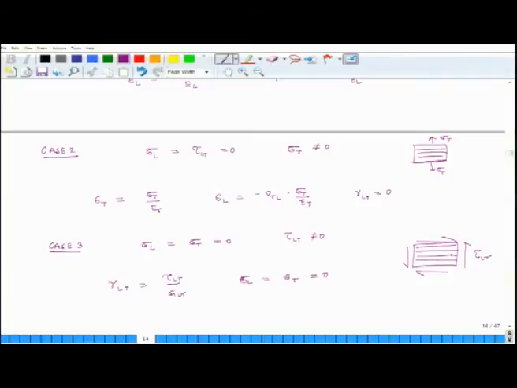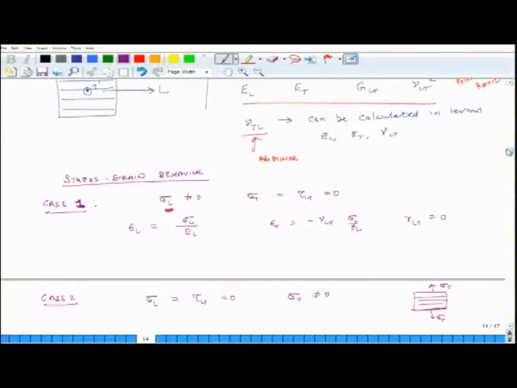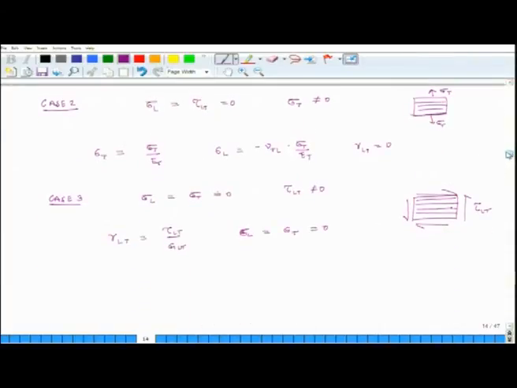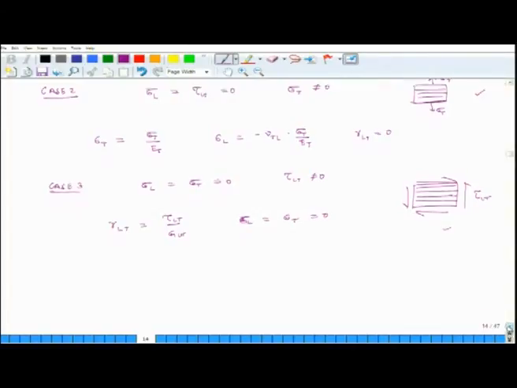So, in the first case I applied only an extensional stress in the length direction, longitudinal direction, here pure extensional stress in the transverse direction, and here pure shear stress. And now we will discuss a fourth case.